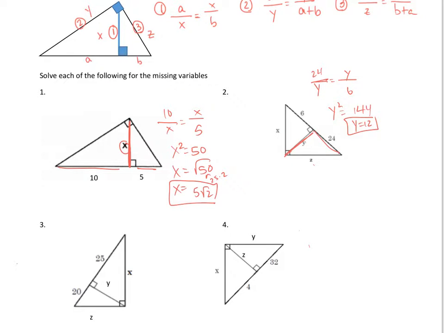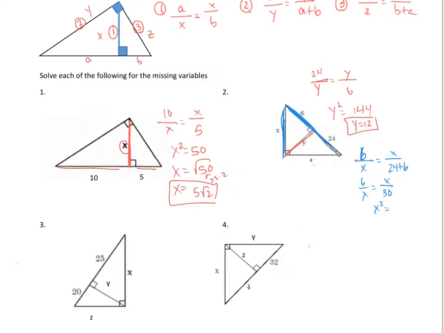All right, what if X was the geometric mean? If X was the geometric mean, right here, it's the geometric mean of this part of the hypotenuse and the whole thing. So 6, and then it would be 24 plus 6, which is 30. So again, let's indicate, I'm going to write it here as 24 plus 6 for right now, so you understand that it's the whole thing. So this becomes 6 over X equals X over the 30.